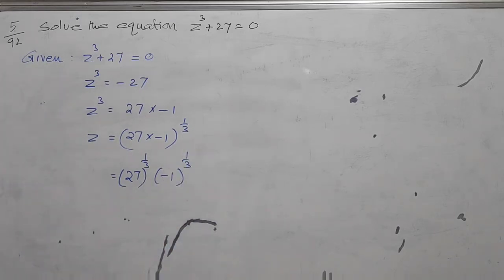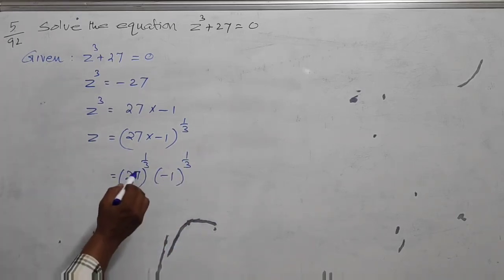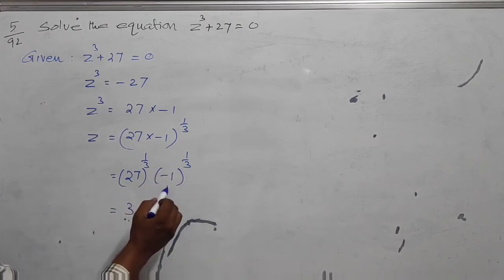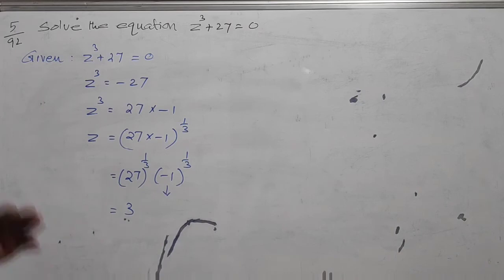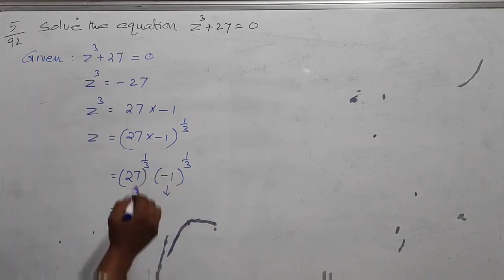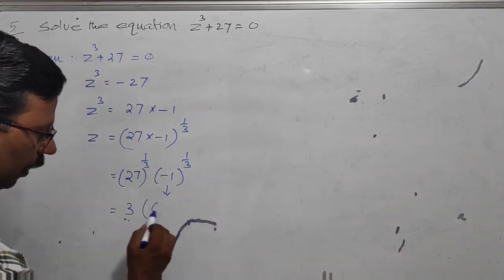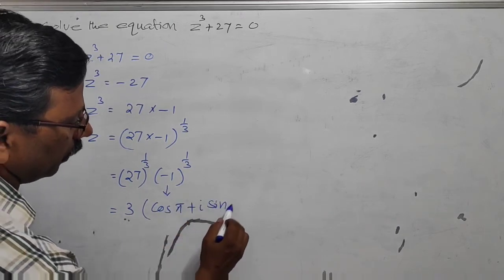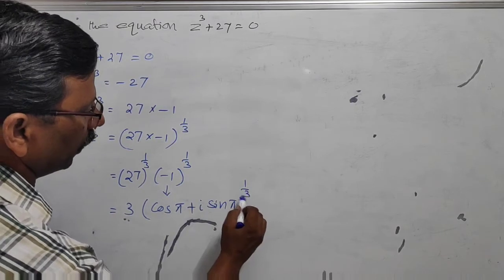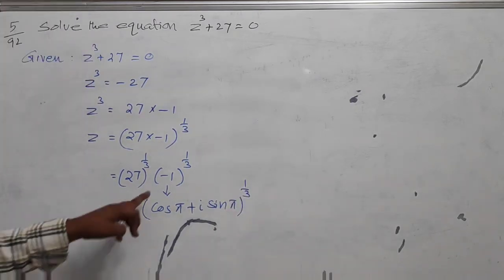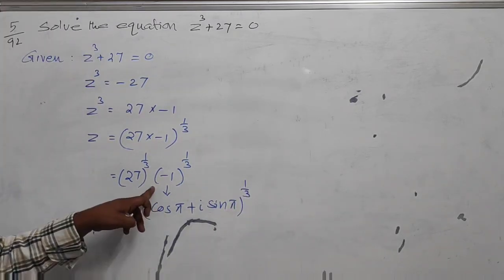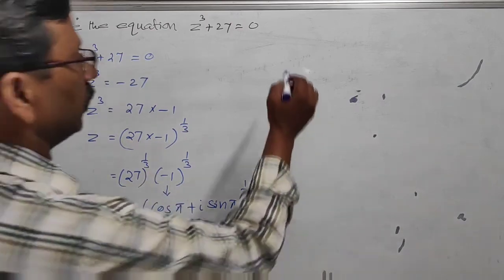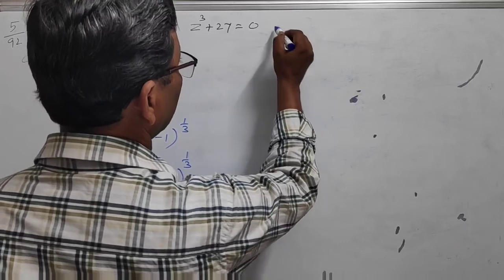Now listen here. The cube root of 27 is nothing but 3. For minus 1 power 1 by 3, we have to rewrite this minus 1 in polar form. Therefore, the polar form of minus 1 is (cos pi plus i sin pi) whole power 1 by 3. After converting into polar form, I have to add 2k pi with this argument.